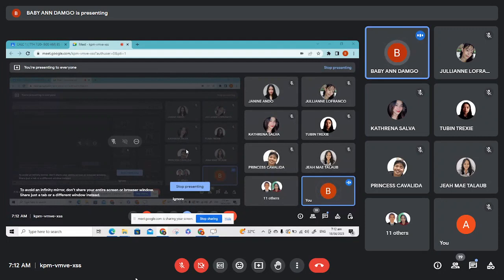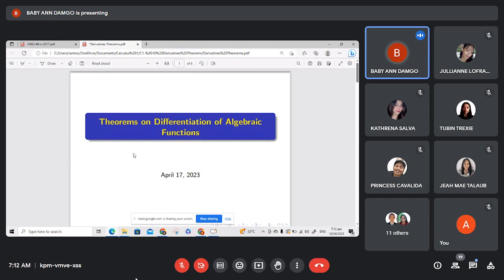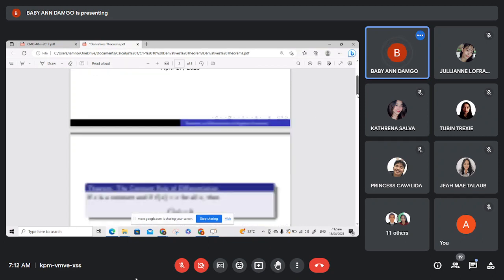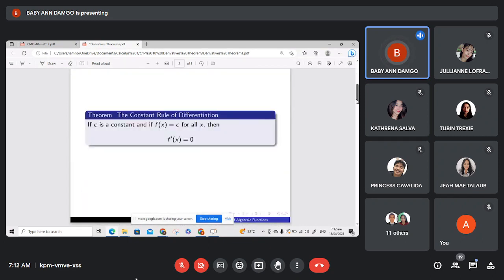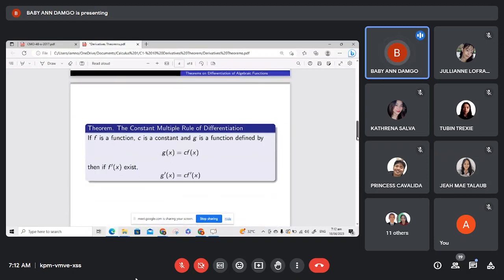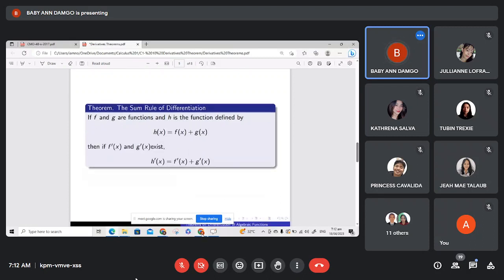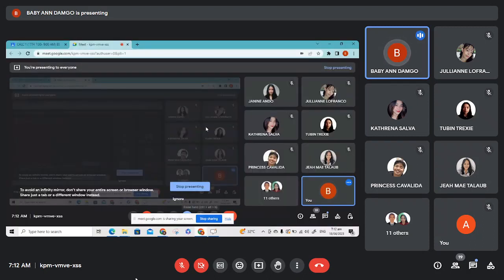Just a recap. So, atong na-discuss na sa derivatives ay ang constant rule, ang power rule, and then constant multiple rule, og sum rule. What if f of x is equal to 10? So, what's the derivative class? 0.